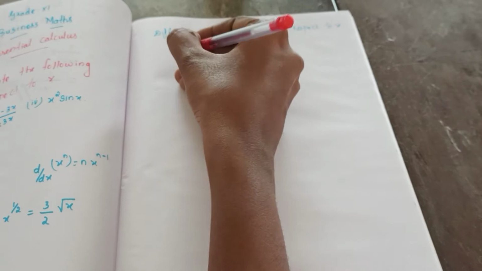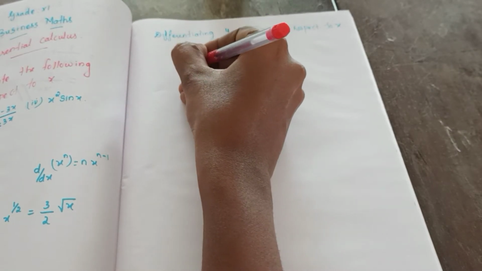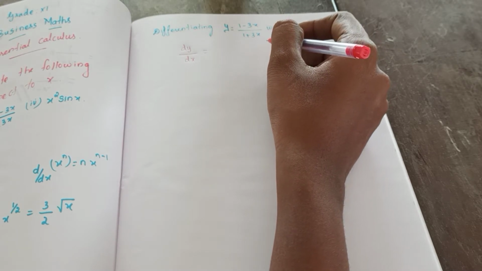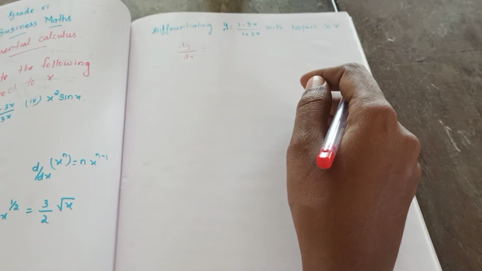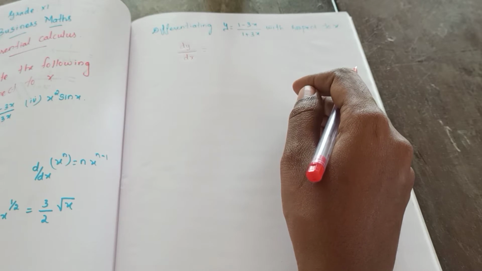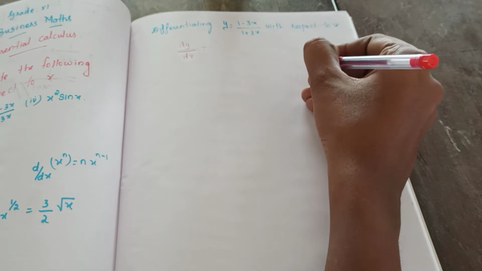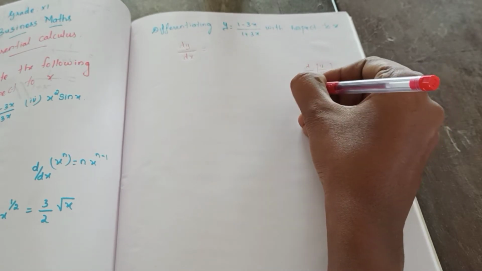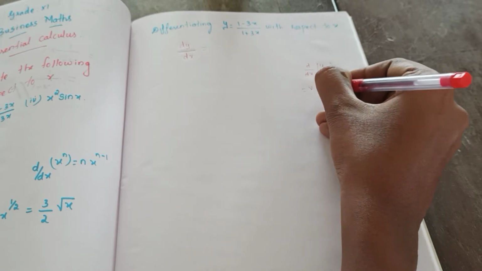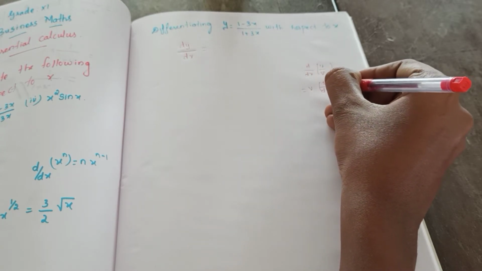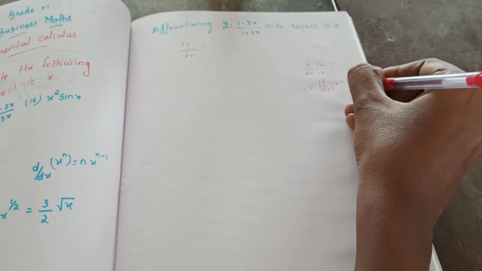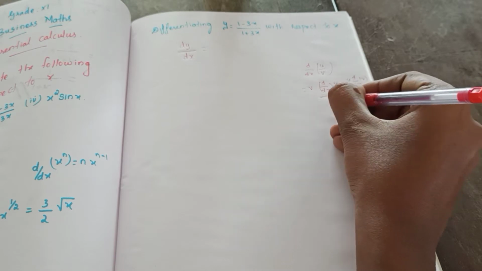Differentiating, dy by dx is in u by v form. You have learned the quotient rule: d by dx of u by v is equal to v into d by dx of u minus u into d by dx of v, divided by v square.